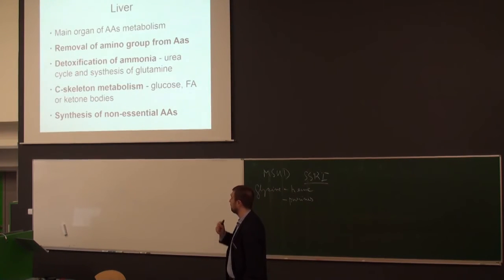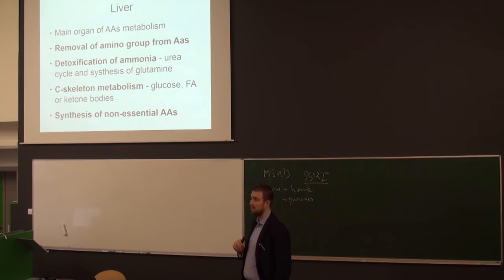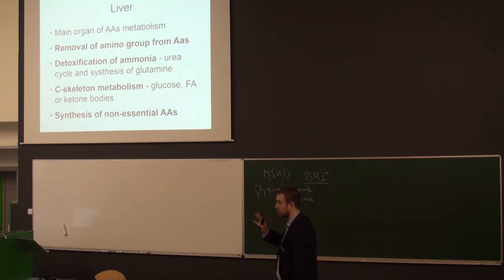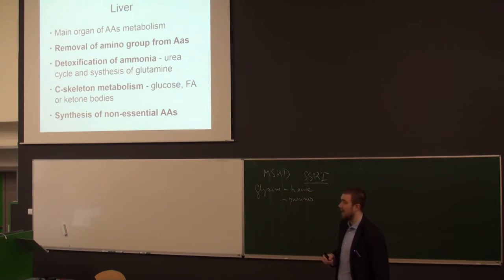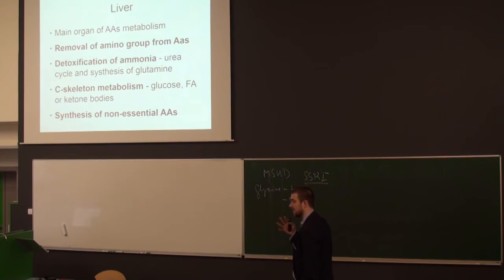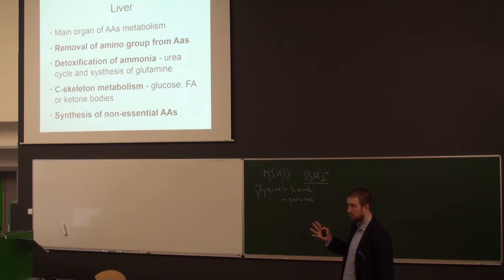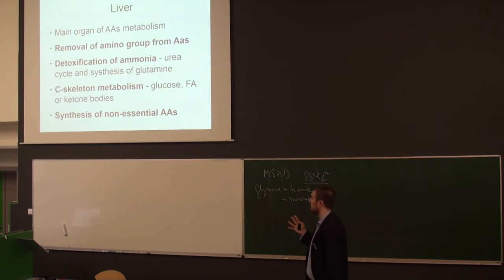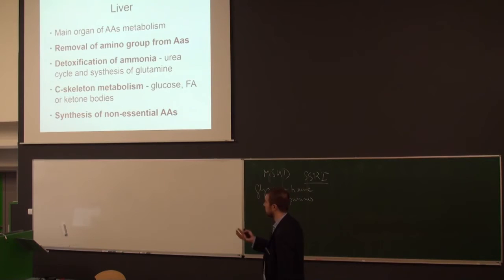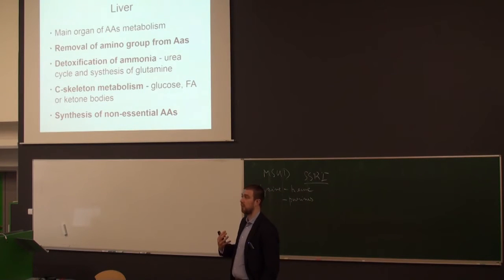If we now come to the liver, that means some real organ. As you heard during these 2 hours, inside the liver you do many important reactions for amino acid metabolism. So if we slightly review and repeat them, you typically remove the amino group from amino acids.